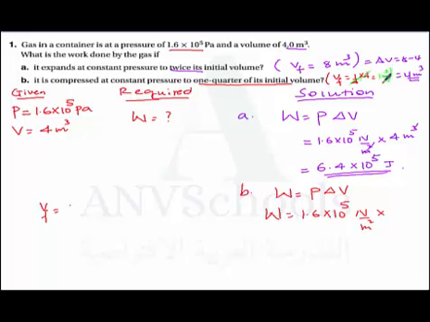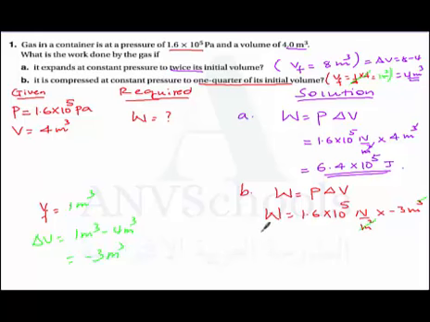That's the final volume. So what is the change in volume? Final volume is 1 meter cube, so the change in volume will be 1 meter cube minus 4 meter cube. It's compressing, so that will be -3 meter cube. Now cancel out and simplify the units, meter square by this.